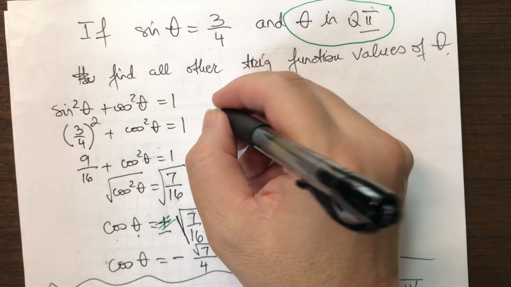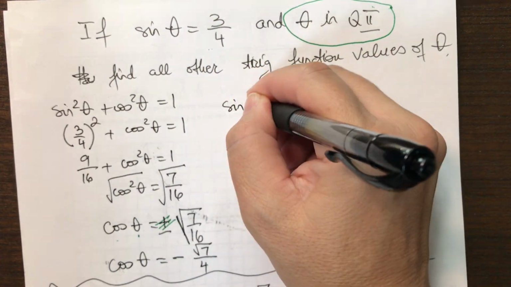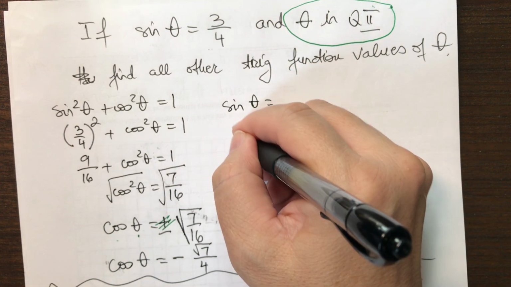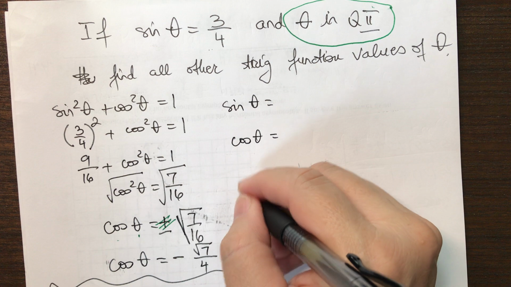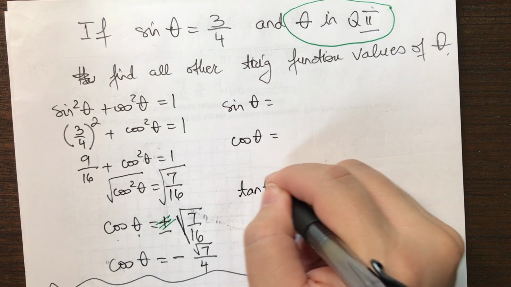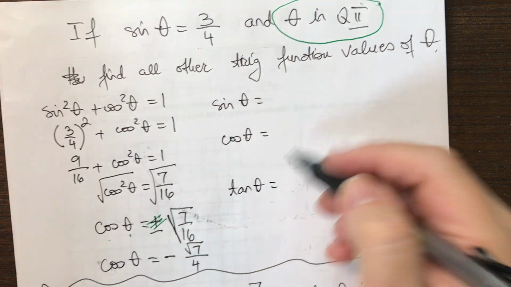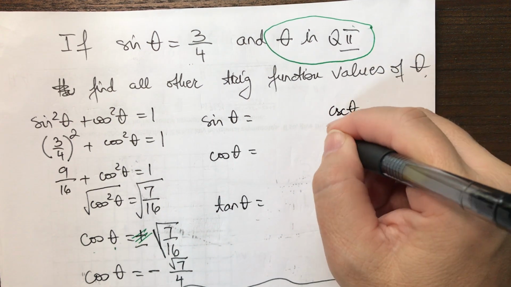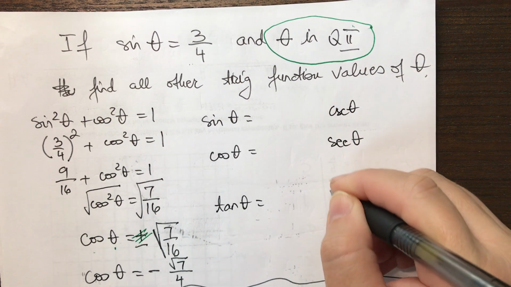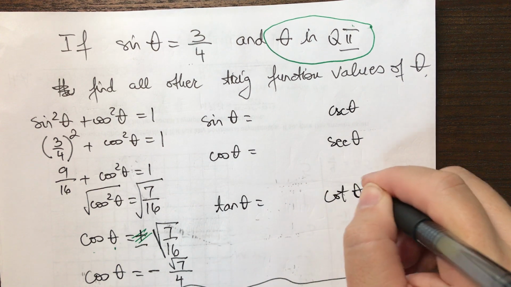Good. So what I like to do is write this. Even though I know already the sine value, I'm still going to write it there. So sine, cosine, tangent, and then here I'm going to write their reciprocals. Cosecant, secant, and cotangent.